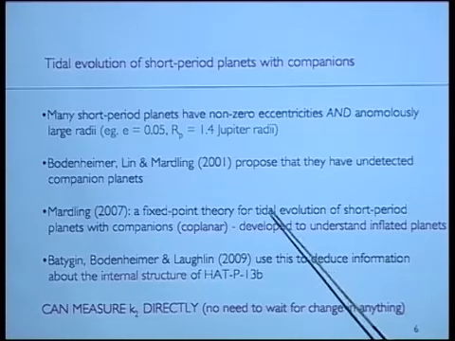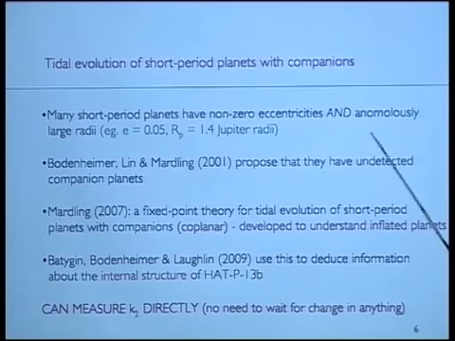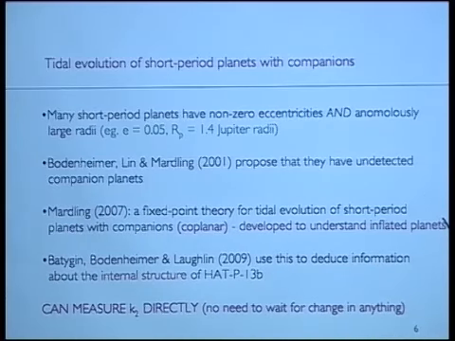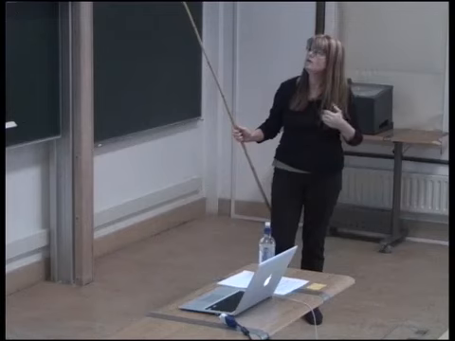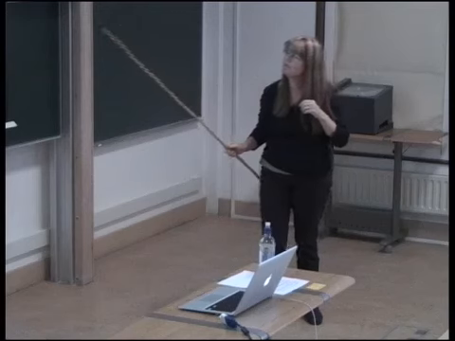So back in 2001, we suggested that these systems actually have unseen or undetected companion planets, and these companion planets were pumping up or inducing eccentricity in the short period planet. In 2007 I put together this theory I mentioned before for the tidal evolution of short period planets with companions.